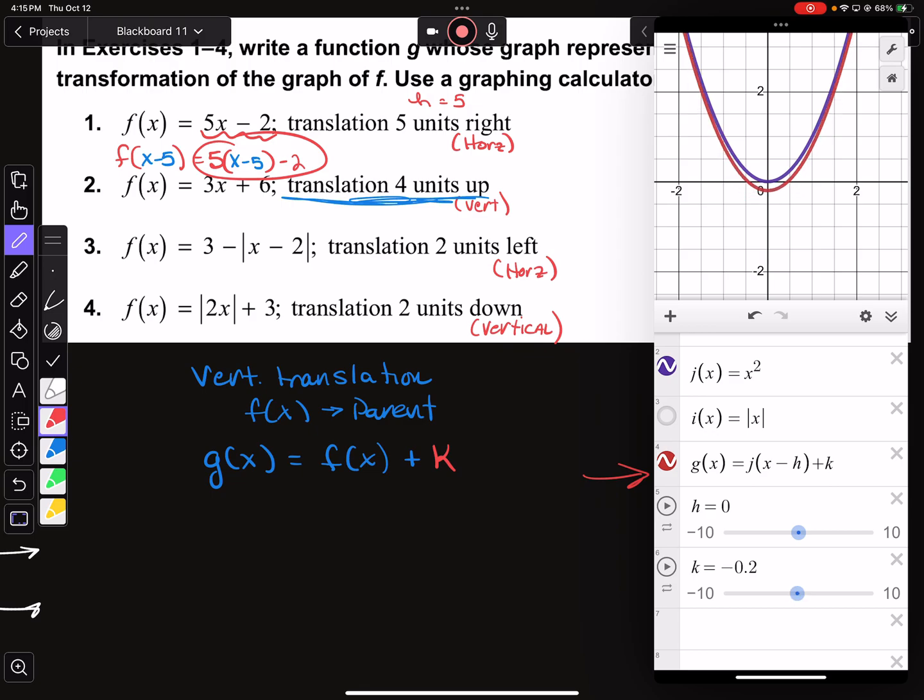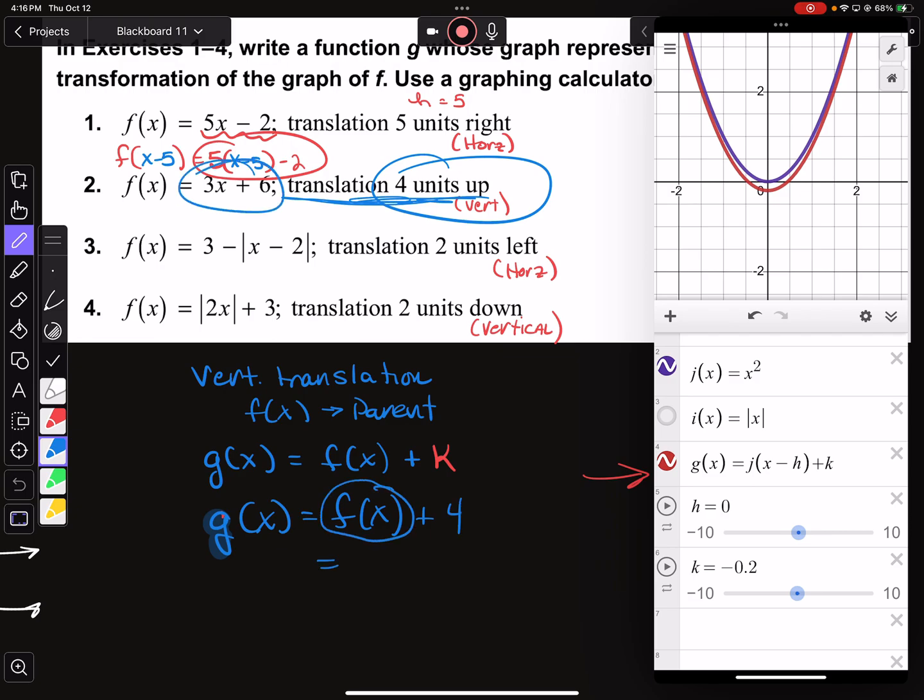And so here I go. I'm going to do it to number 2. Number 2 would look like this. My new function, g of x, is my old function, see, up 4 units. Just like that. And I don't have to do any math here, really. It just says put in f of x. Well, f of x is 3x plus 6.